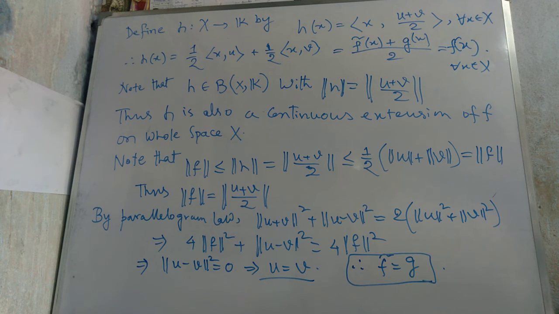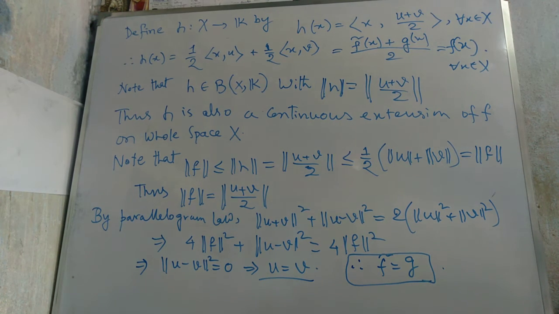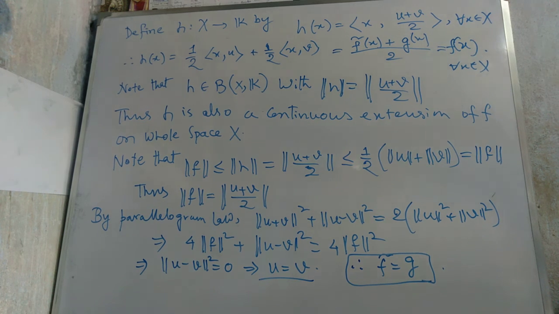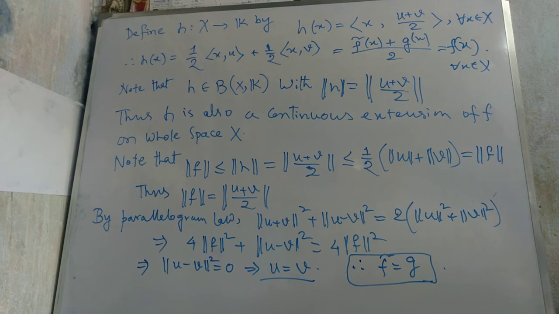Then next we see that C is a subset of a normed space X, then the following are equivalent: C is bounded on X, then F(C) is bounded in K for each F belongs to X dual. We also see the proof of that theorem.